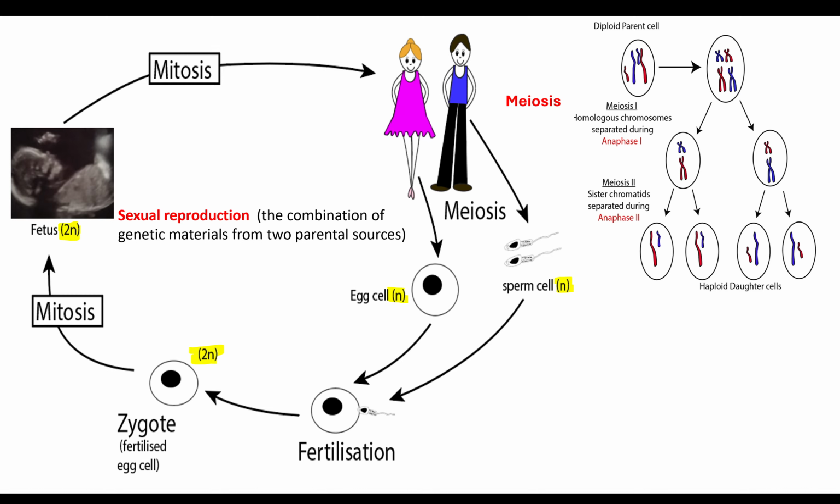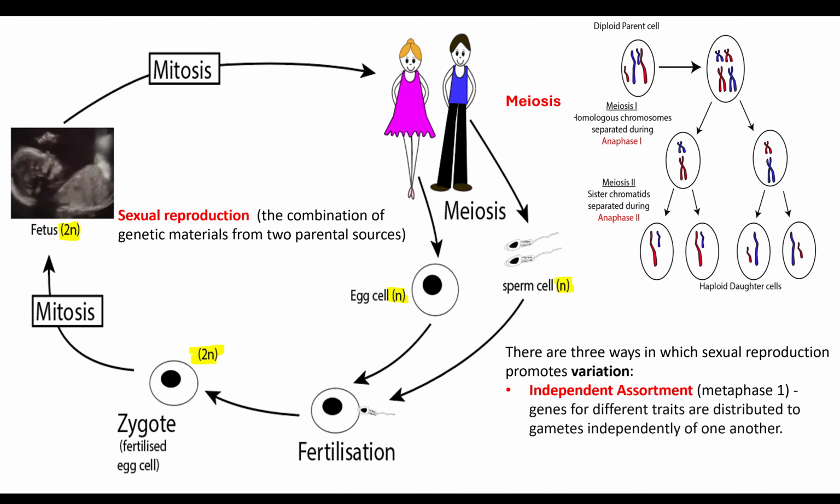That will then go through mitotic division to produce all the cells inside the body as it grows, and then those cells will differentiate. Depending on which egg and which sperm cell come together will give us one way of promoting variation, which is why you will see variation within families.